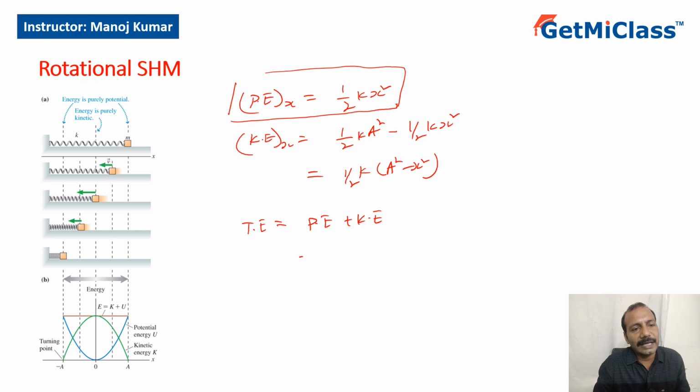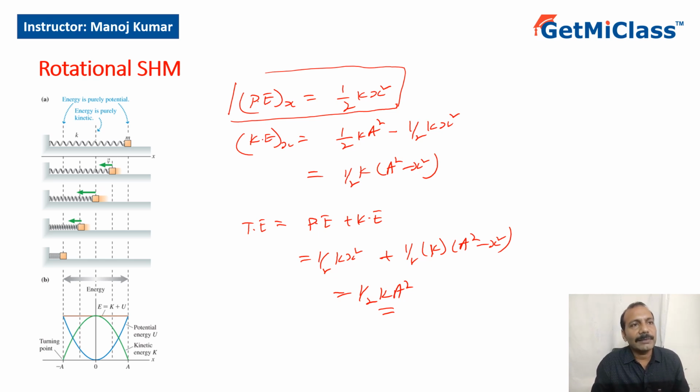You will see that at any position, total energy would be equal to half k x square plus half k into A square minus x square. So that will become half k A square. So total energy remains constant throughout. One of the reasons for that is that the forces that are coming into the picture are conservative in nature, and if conservative forces act, then the total mechanical energy of a system is conserved.